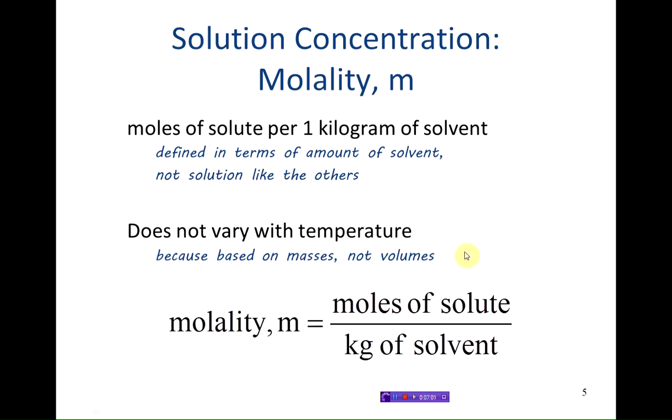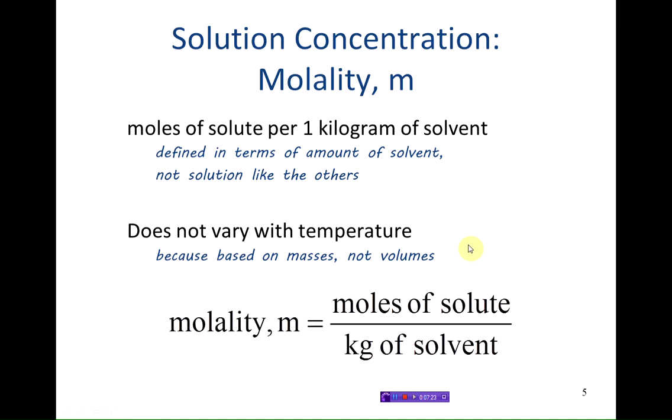So for instance, if you make a 1 molar sugar solution and you put it in the refrigerator and you have a volumetric flask, after the solution's chilled, you'll notice that the water volume is lowered even though none of the solution was taken out. But the molality would be the same because you still have the same mass.